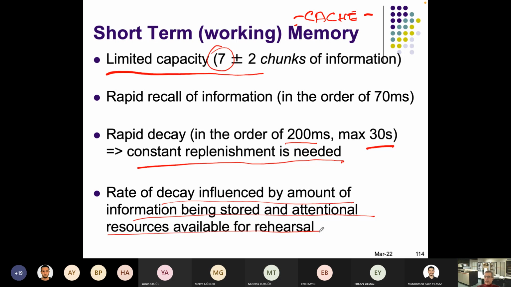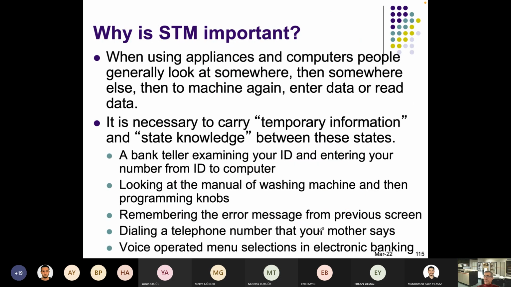Yeah, I have an example. For example, short-term memory is constantly used when we are operating things in our surroundings. For example, in the computer world, we look somewhere else and do something.